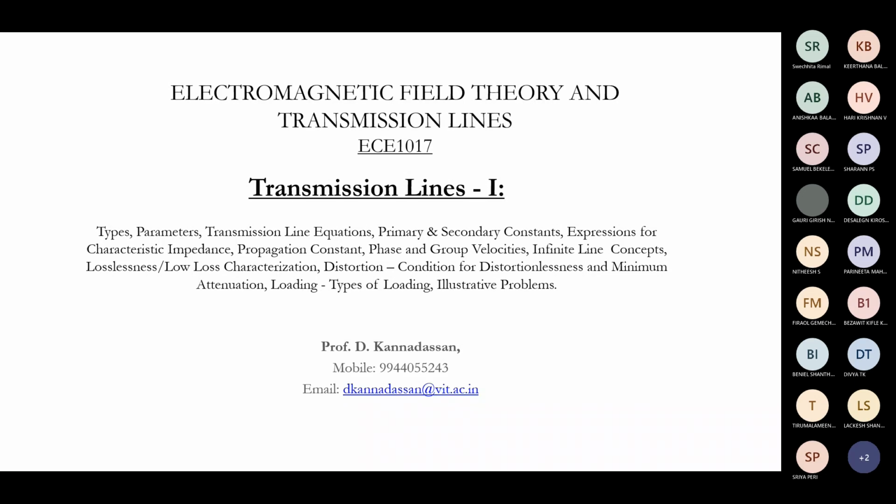So we will go into much more detail, and today we are going to talk about the transmission line equations, and then the primary and secondary constants, so that we can express these constants as an impedance, which we call wave impedance or characteristic impedance. By the way, we can understand how this wave propagation mechanism takes place inside a transmission line.